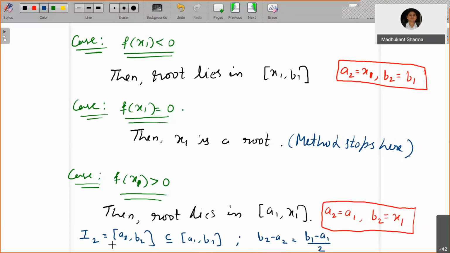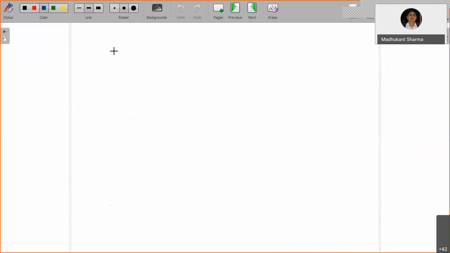Now the next interval which you are going to generate, you are going to call I3. That is going to be a3 comma b3. How would you obtain it? You have the interval a2 comma b2, and you call x2 the midpoint of the interval.